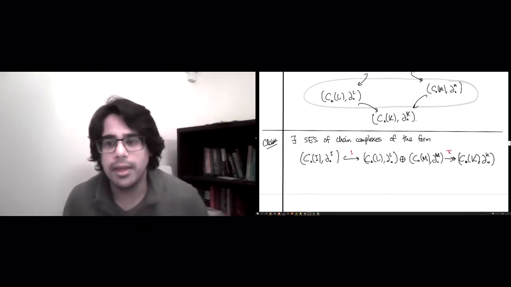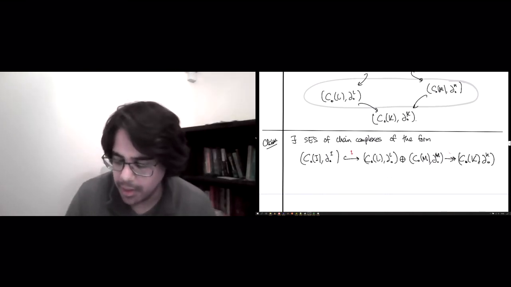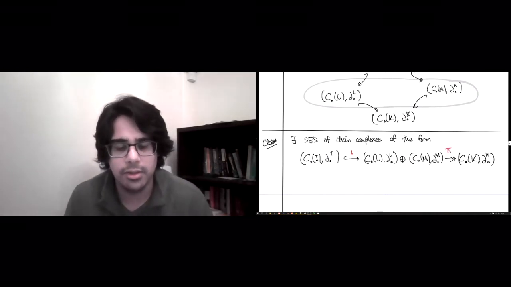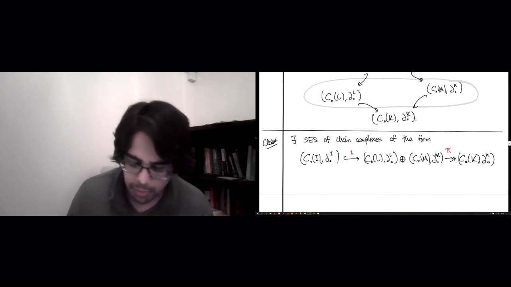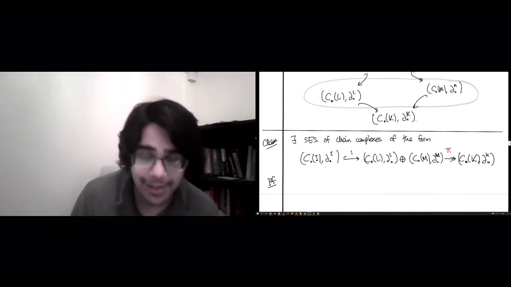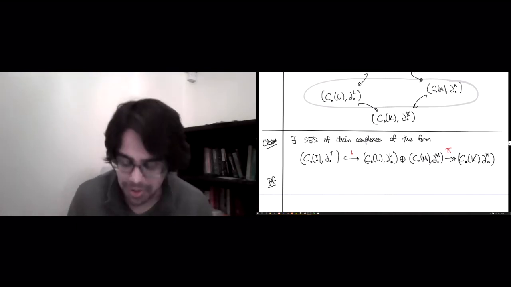So what we're claiming is that there are chain maps iota and pi that will turn this into a short exact sequence of chain complexes. And so the proof of the claim is to define iota and pi and check that they do the job.